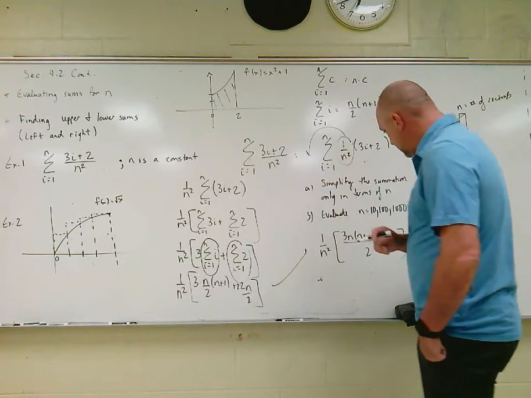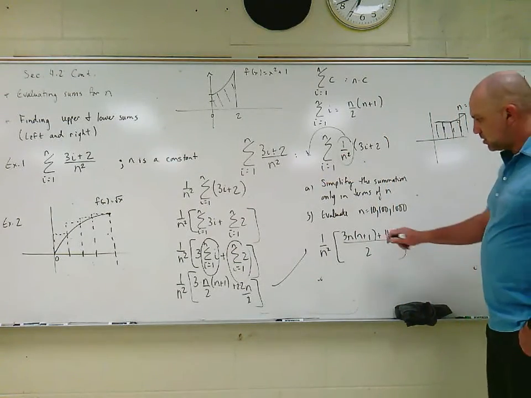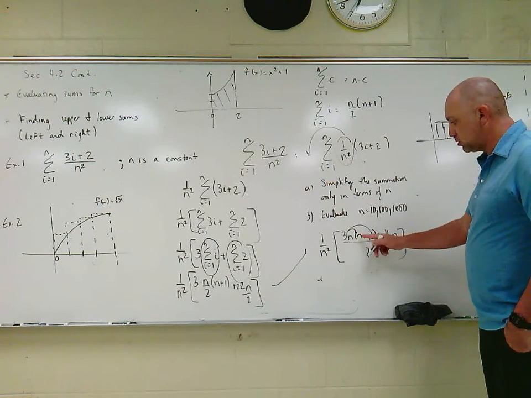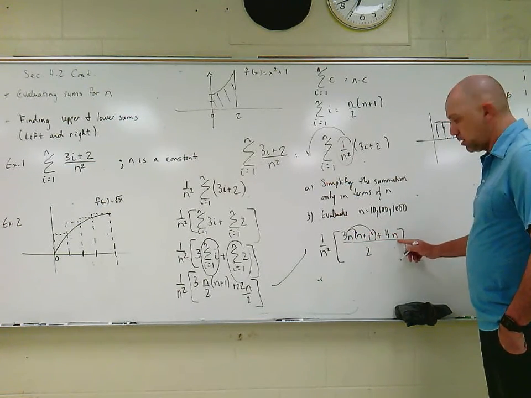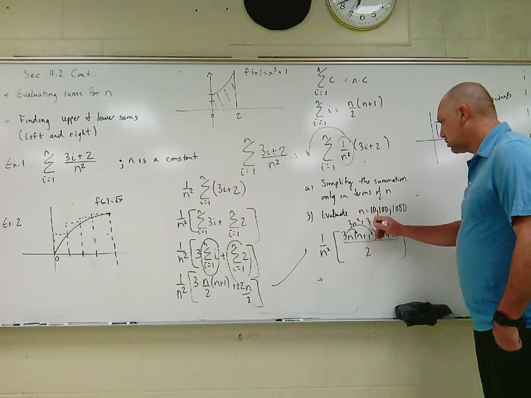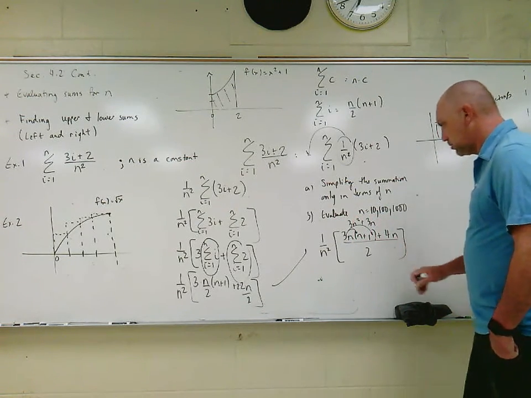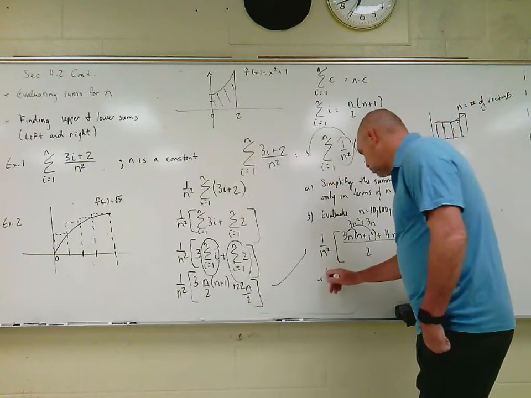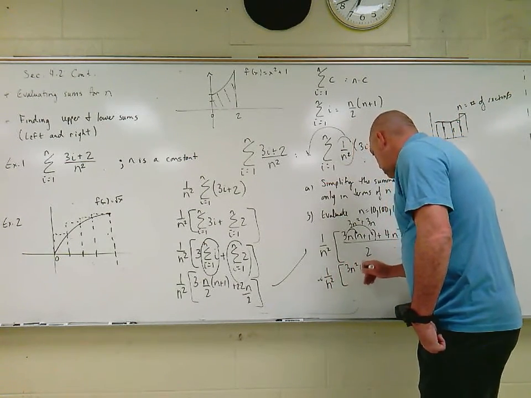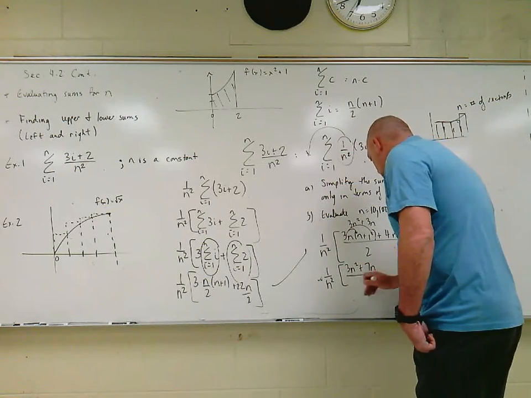And if I distribute the 3n, my numerator becomes 3n squared plus 3n plus 4n. So I could write this as 1 over n squared times 3n squared plus 7n over 2.